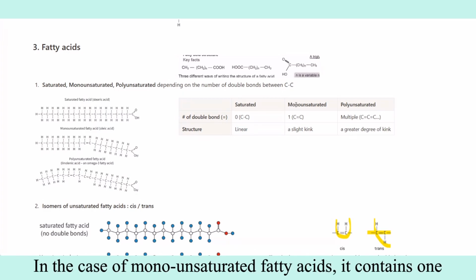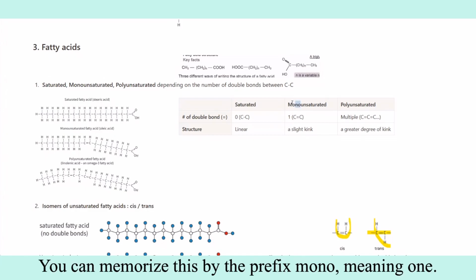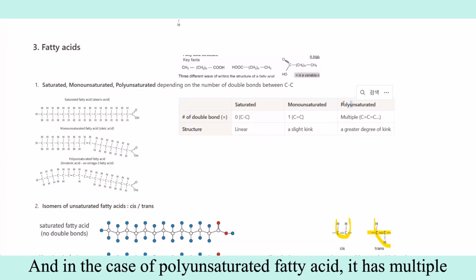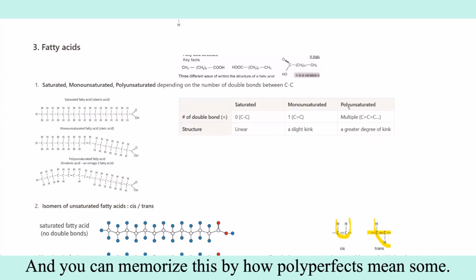In the case of monounsaturated fatty acid, it contains one carbon-carbon double bond. You can memorize this by the prefix mono, meaning one. And in the case of polyunsaturated fatty acid, it has multiple double bonds between the carbons. And you can memorize this by how poly prefix means some.